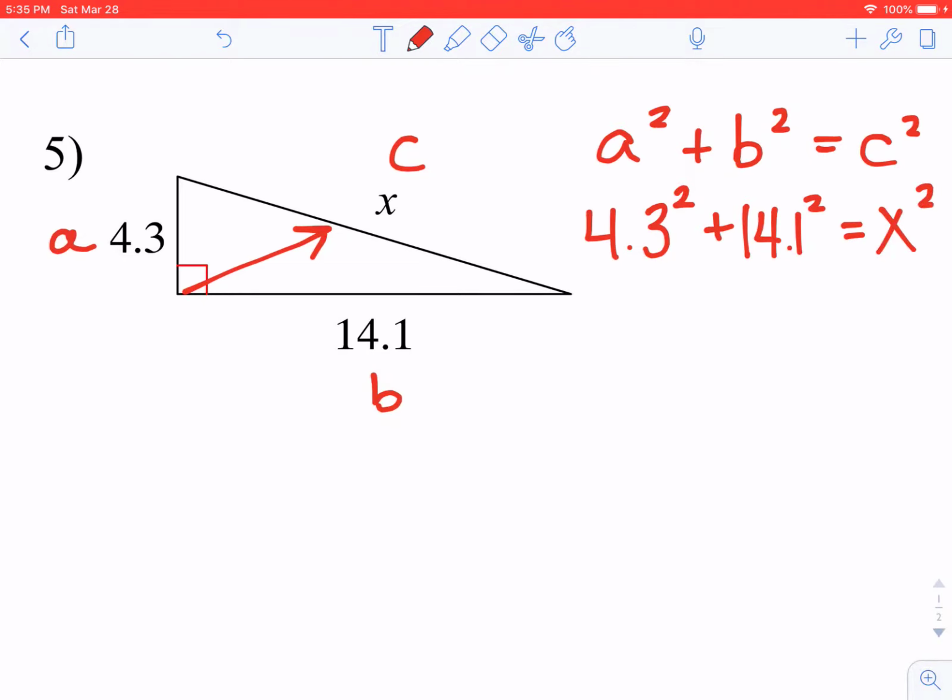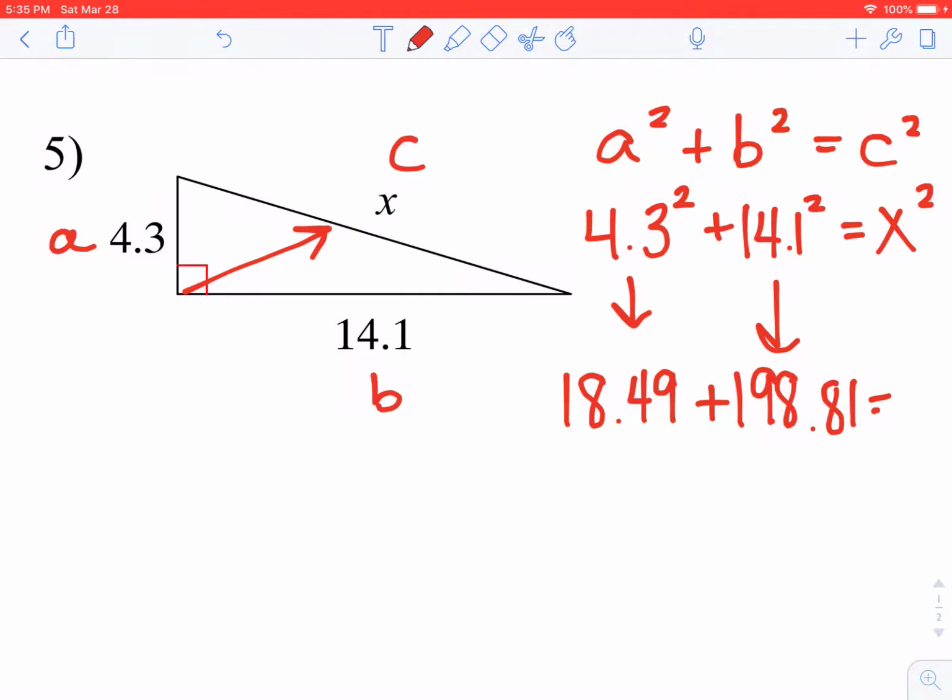And I'm going to evaluate my powers. 4.3 squared gives me 18.49 plus 14.1 squared is giving me 198.81. Whoops, let me try that again. 198.81 equals x squared.